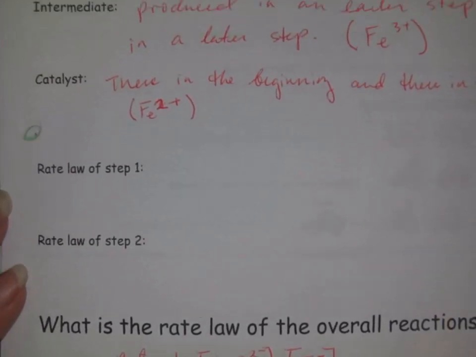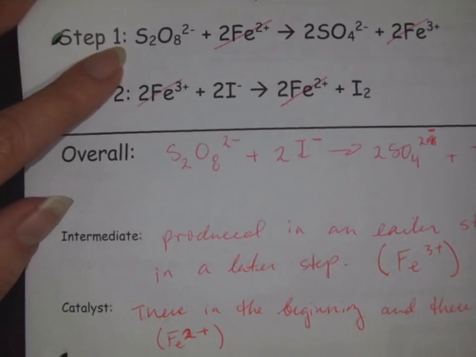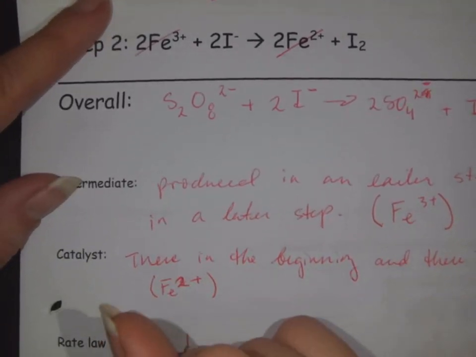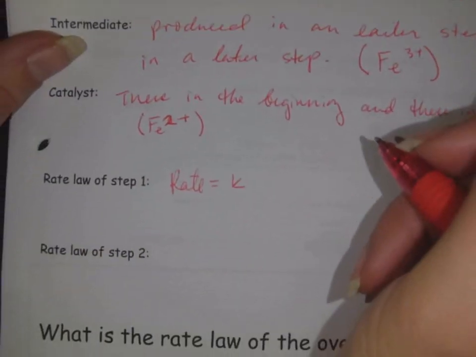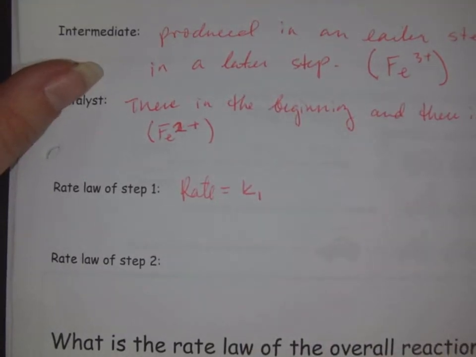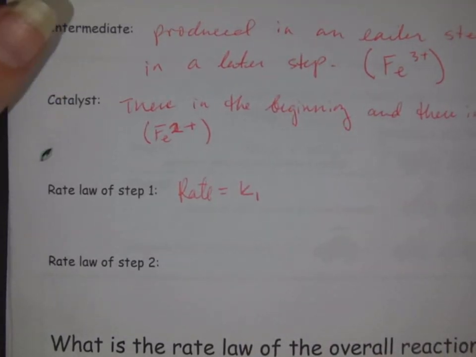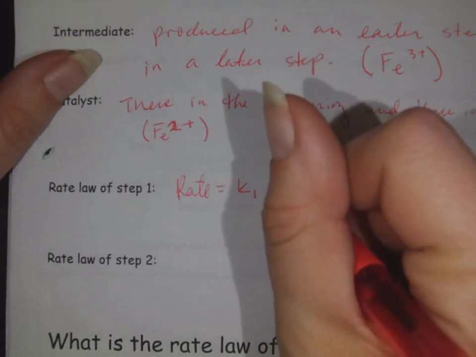So if I were to look at step 1 and write a rate law for this, I'm going to have my rate is equal to K, and I'm going to put a little subscript of 1 because it's step 1, just to help me keep track of my different rate constants. And then there were 2 reactants for step 1.